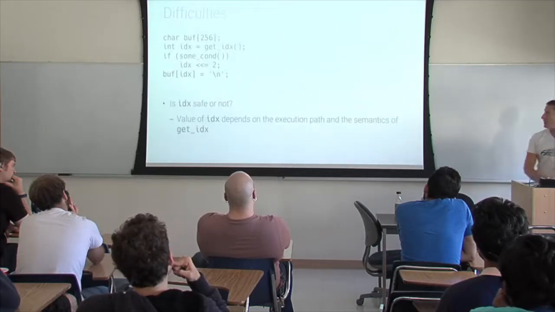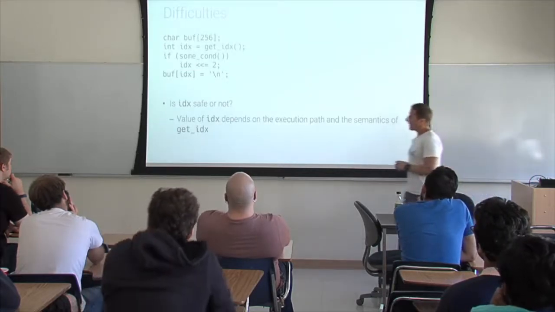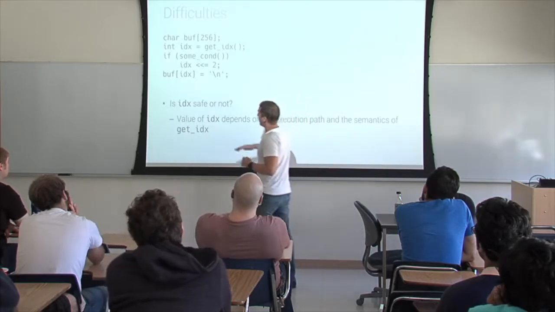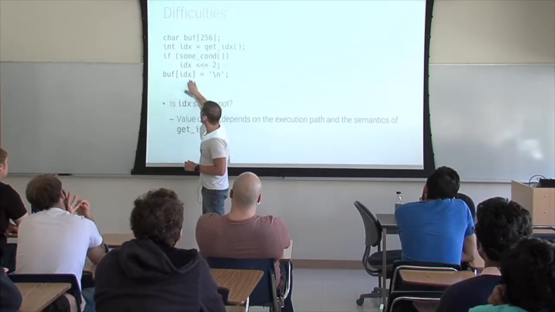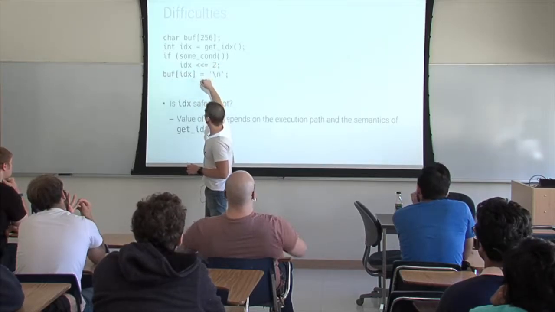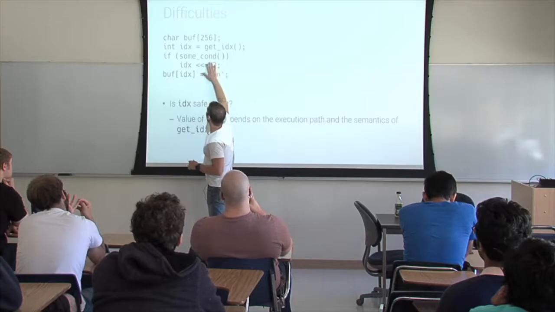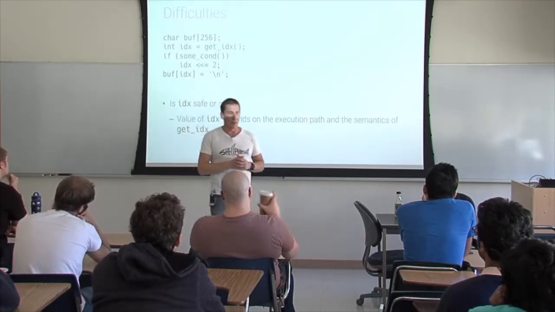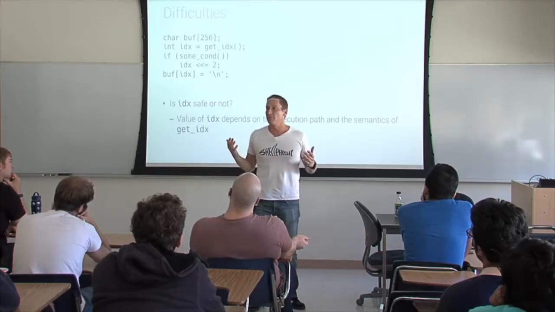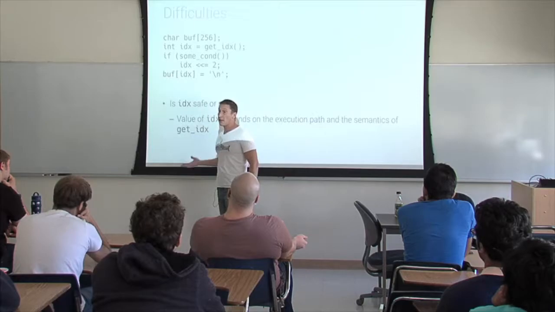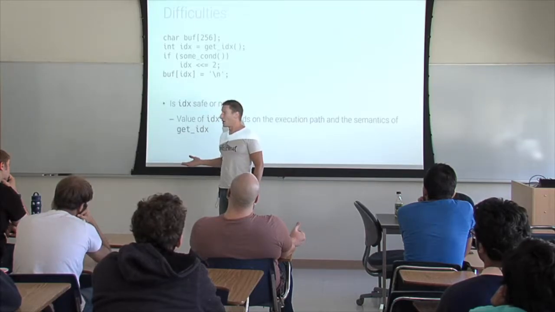Of course, not everything is super simple. For example, you can have a program where you reference a buffer using a value that you first got from some function, and then there is some weird condition, and only in that condition you shift the index. When I do this, is it safe? Okay, it depends.